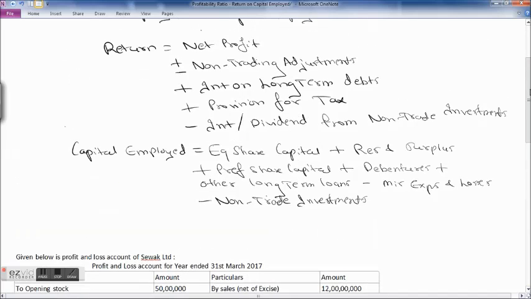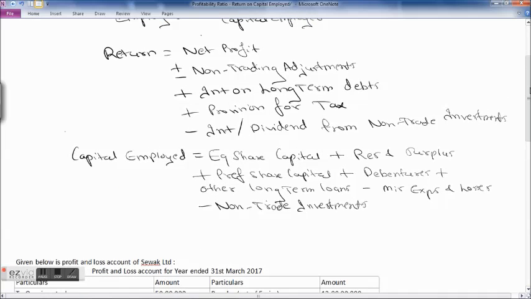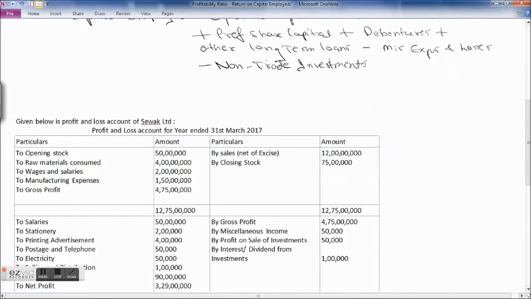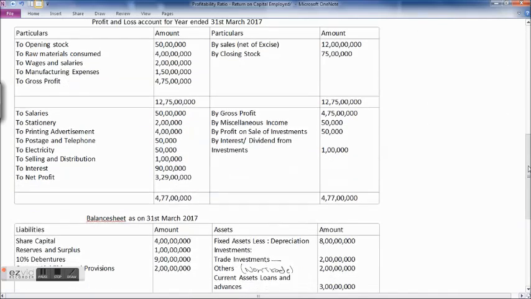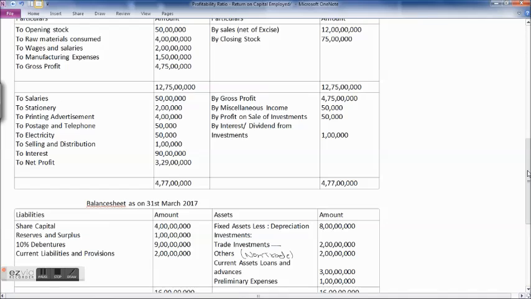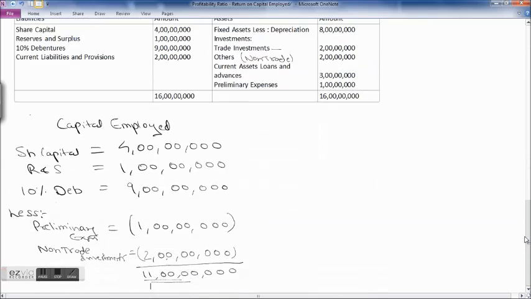Okay, now we will calculate how much is the return. So what is the formula for return? Return is net profit plus non-trading adjustments plus interest on long-term debts plus provision for tax less interest and dividend from non-trade investment. Okay, now let's see our profit and loss account one by one. We have to start with the net profit. Net profit is 3 crores 29 lakhs.